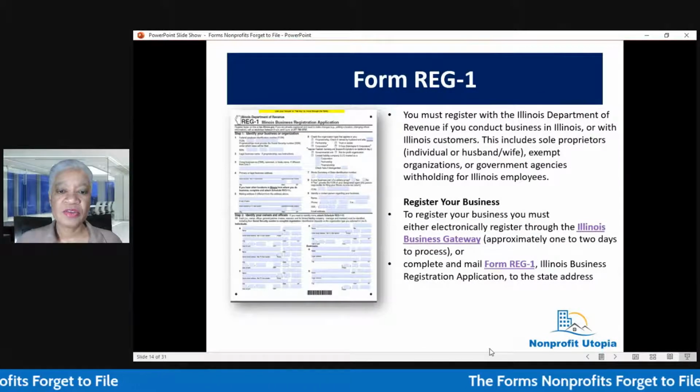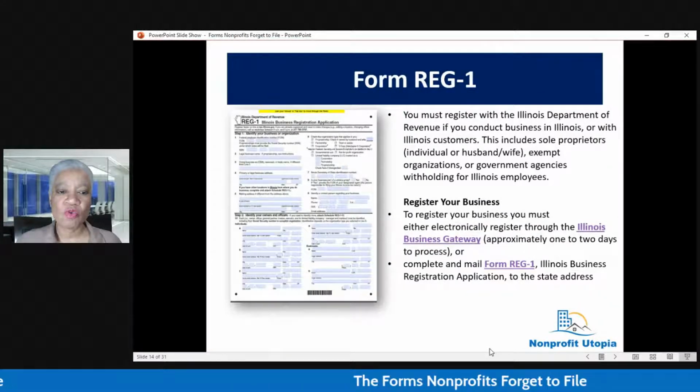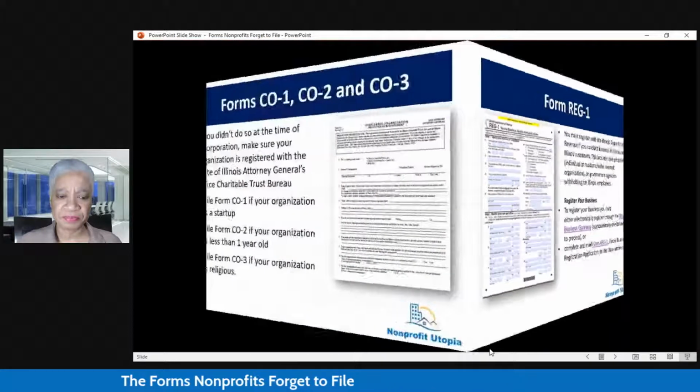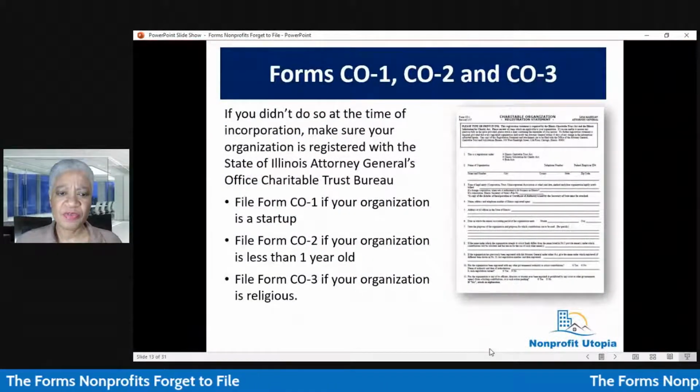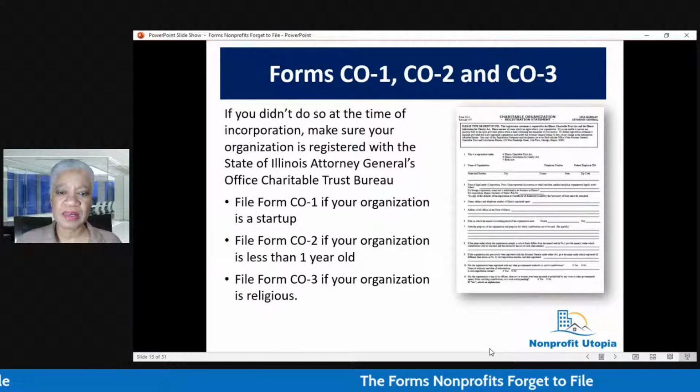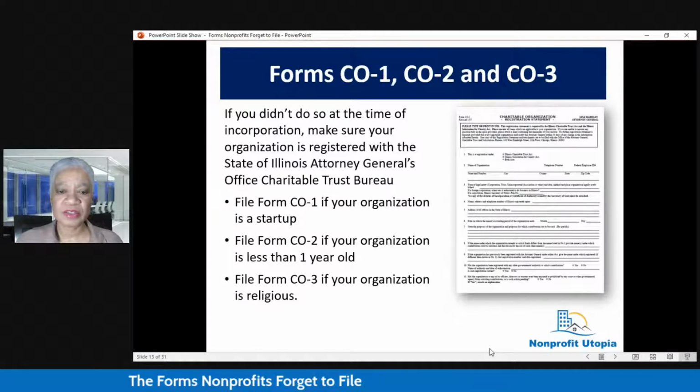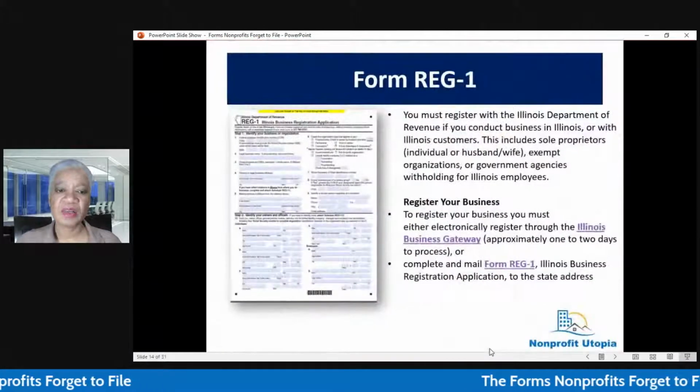All right. So the next form that people forget, oh, I'm sorry, if you don't file these forms in a timely fashion, you do have to pay a $100 late fee. Otherwise, it's $15.